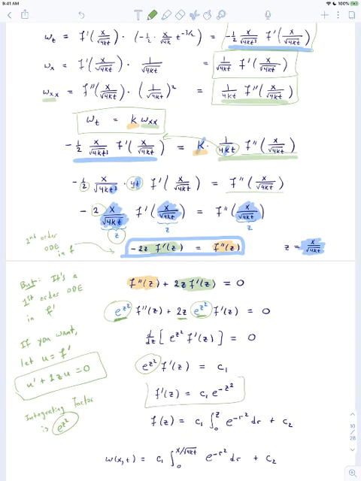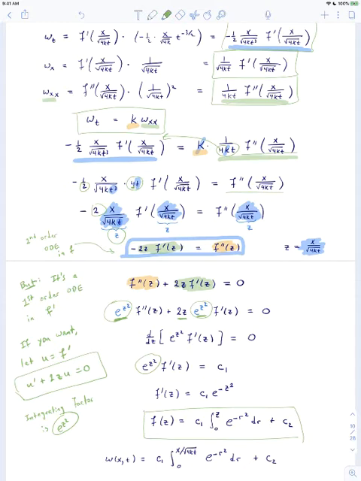Our goal is to find f, but we have the derivative, so we merely antidifferentiate. I say merely antidifferentiate, of course, the thing that you see here doesn't have an elementary antiderivative, so we use the fundamental theorem of calculus, and we write the antiderivative in terms of a definite integral. So that means that f is equal to c1 times the antiderivative of e to the minus z squared, which we're writing as a definite integral here.